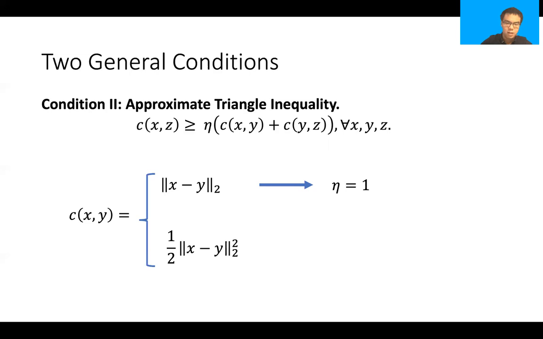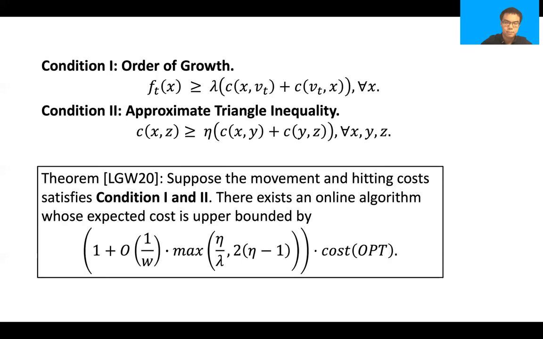When the movement cost is L2 norm squared, it does not satisfy the triangle inequality, but it can satisfy condition 2 because we can set eta to 2. So our main theoretical result states that under these two general conditions, there exist online algorithms whose expected cost converges to the offline optimal cost as more predictions are available.